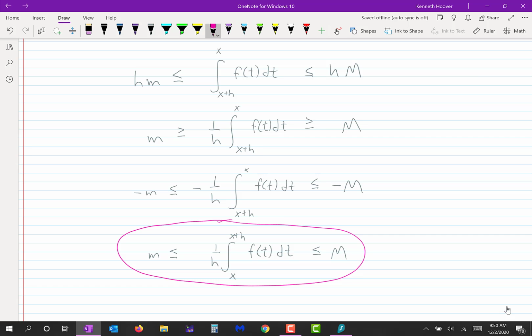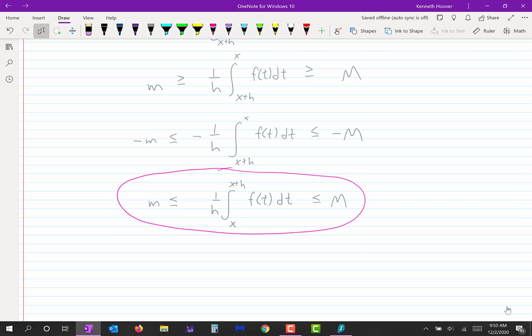You do the limit as h goes to 0, and this part over here becomes f of x. This part here becomes f of x. And so therefore the limit in the middle becomes f of x, when you do the limit as h goes to 0. Okay, it's a little hard to follow these arguments sometimes because they're pretty abstract, but hopefully it makes some sense to you.